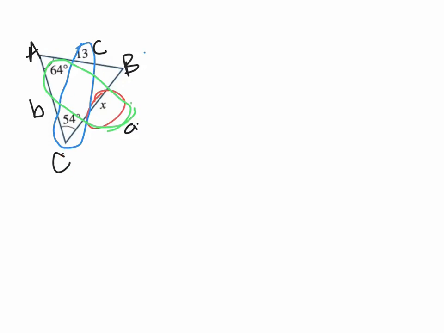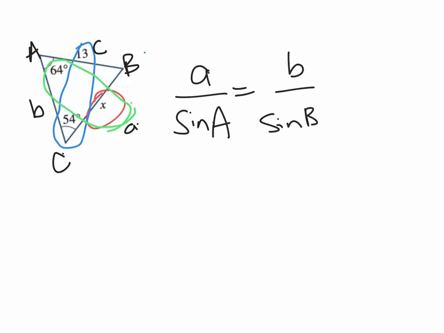So let's get writing. Because I'm trying to find the side A, I write it on the top: A over the sine of angle A equals the side B over the sine of B. I then input my values. I do not know A, so it is unknown at x. I know that we have the angle A, so that's the sine of 64 degrees.